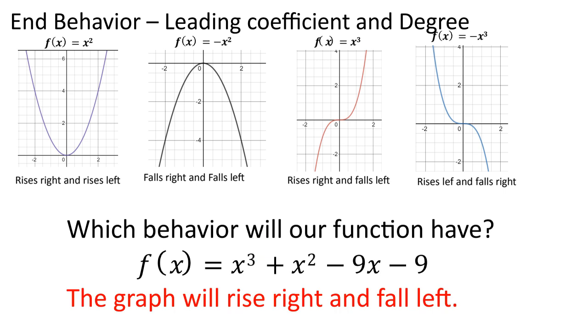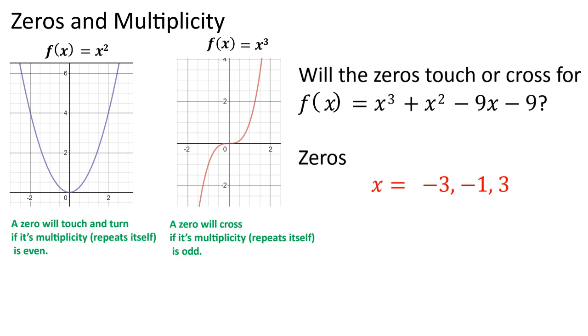Okay, so again, this one was positive and odd. Odd because my power is 3, and my leading coefficient here is positive 1. And then the zeros and the multiplicity is what I was talking about earlier.